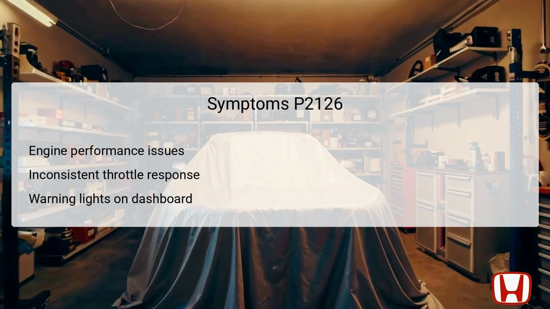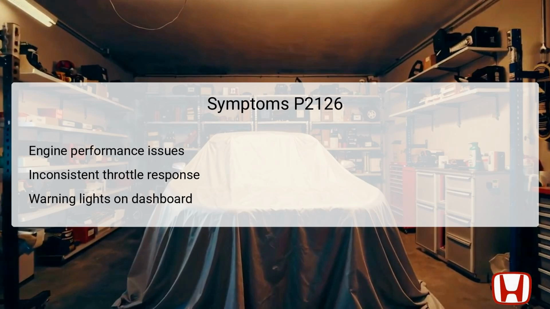The symptoms associated with DTC P2126 typically manifest through a range of engine performance issues. The most notable symptom would be an inconsistency in throttle response. Drivers may notice a delay or unresponsiveness when pressing the accelerator pedal. This could lead to a frustrating driving experience, especially when attempting to accelerate quickly.